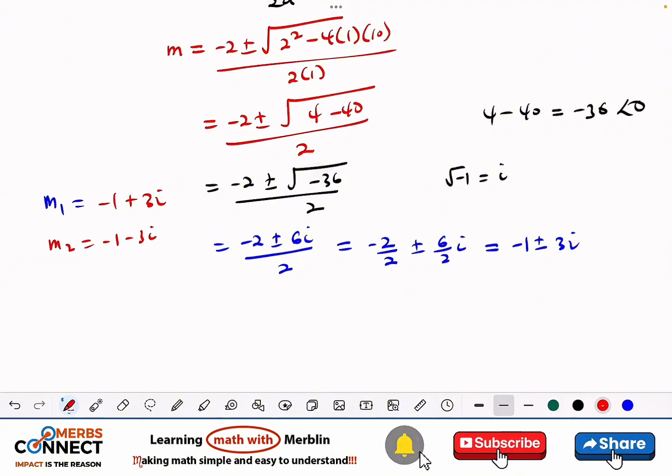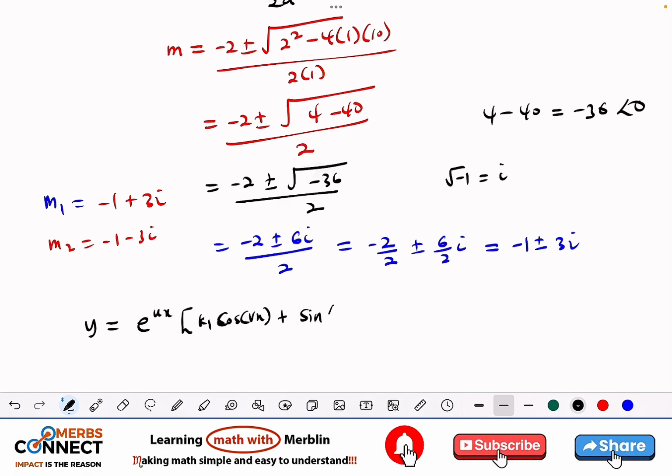Now, what is the general solution for this? The general solution is e to the power ux, times k1 cos vx plus k2 sin vx.